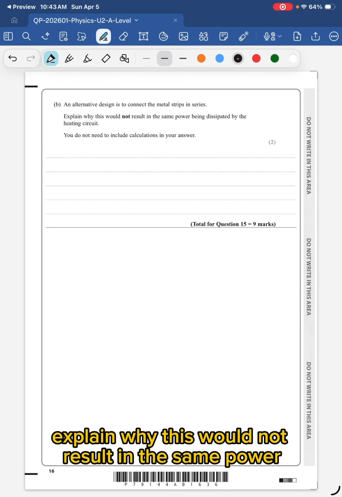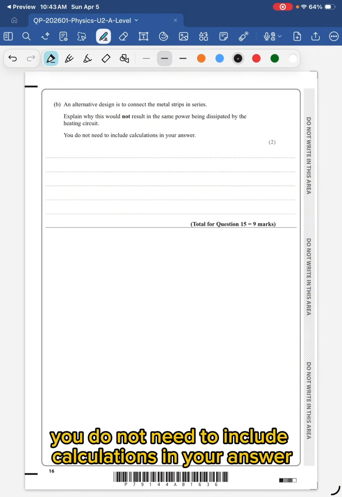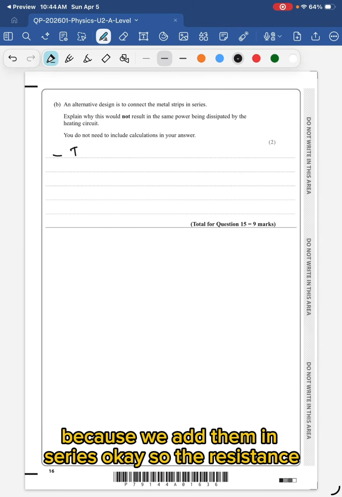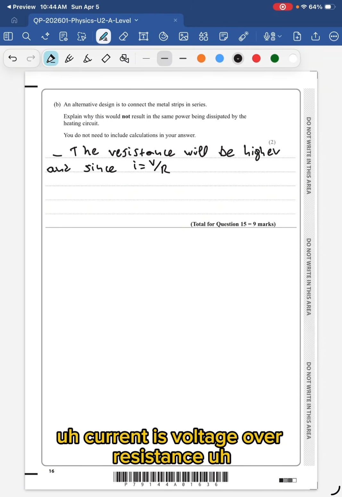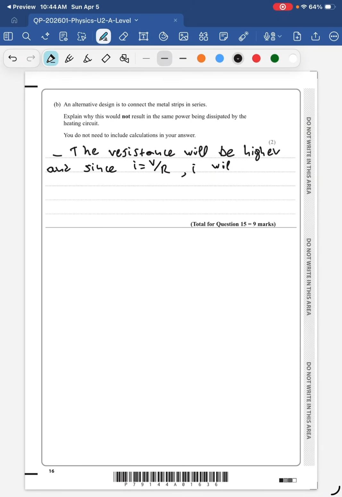Explain why this would not result in the same power being dissipated by the heating circuit. You do not need to include calculations in your answer. Okay, now the resistance will be higher, right? Because we add them in series. Okay, so the resistance will be higher. Okay, and since current is voltage over resistance, the current will be lower.